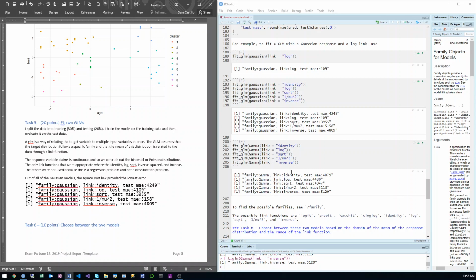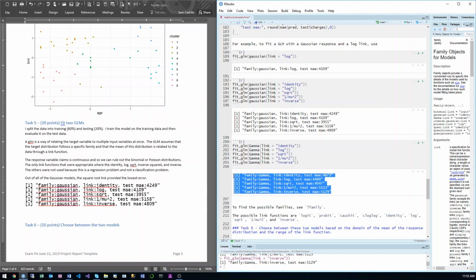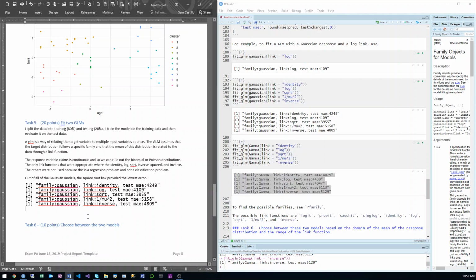And here are the gamma models. It looks like the lowest is the identity link. Out of the gamma models, the lowest was the identity link.